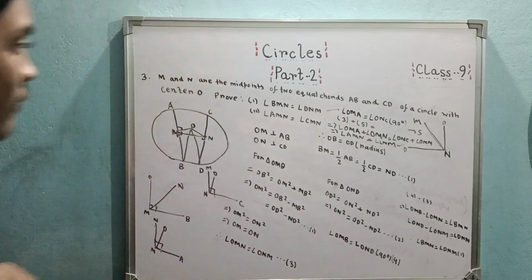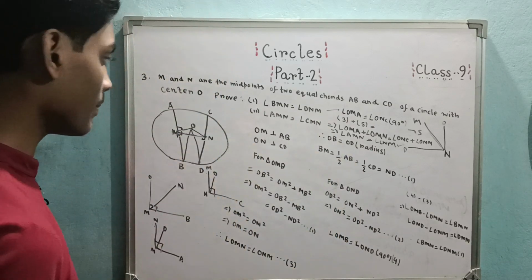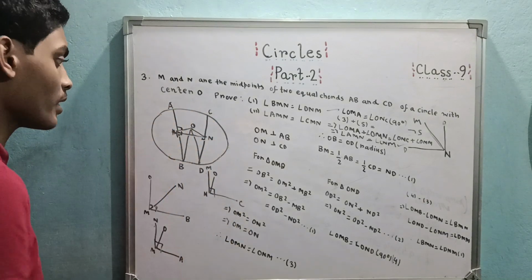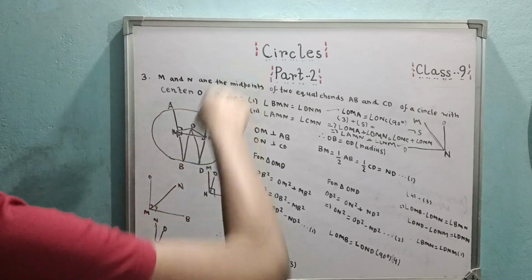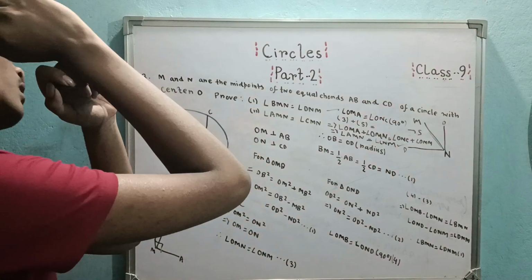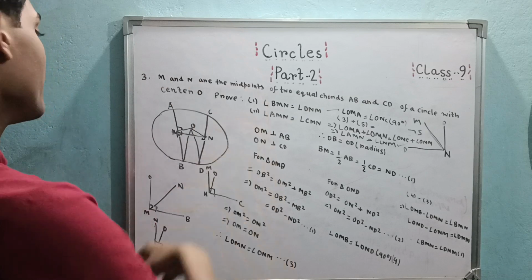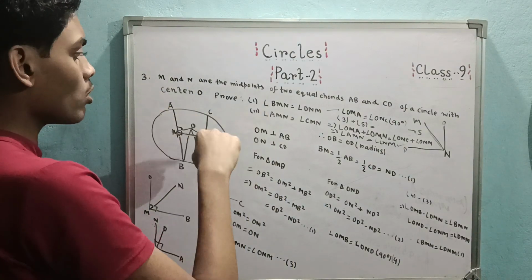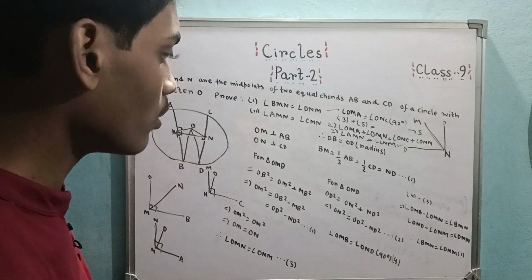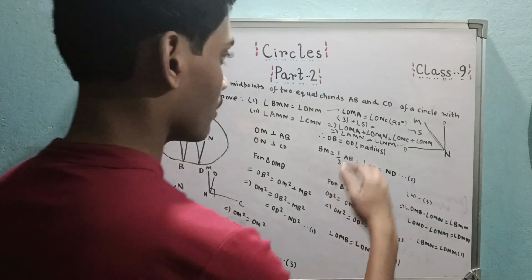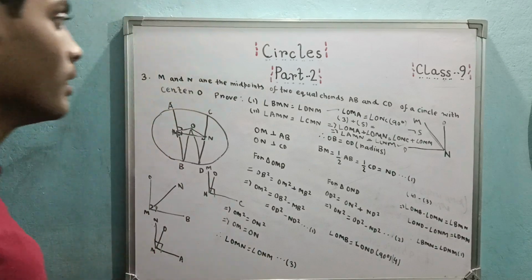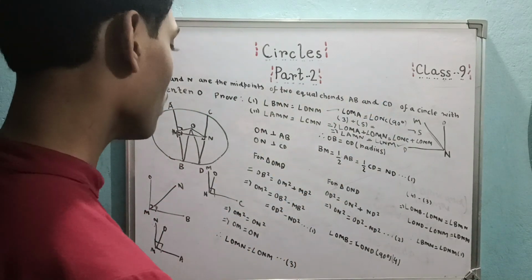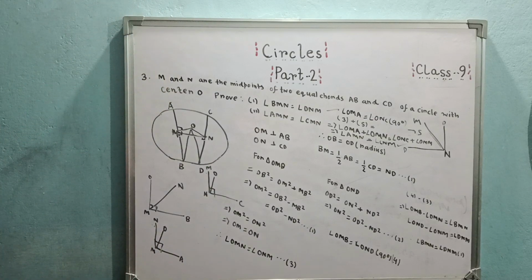Finished. Now you see, as OM is perpendicular to AB, therefore OMB and OMA are right angles. Similarly, ON is perpendicular to DC, therefore ONC and OND are right angles. So I can just write that angle OMA equals angle ONC equals 90 degrees. Let it be equation 5. Then to this equation 5, if I add equation 3, what happens?